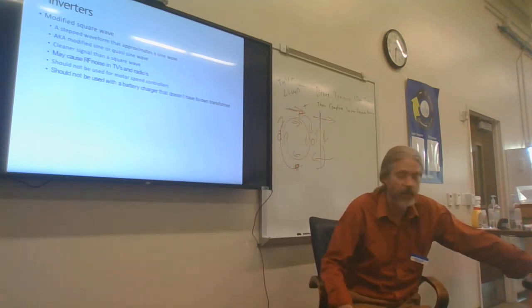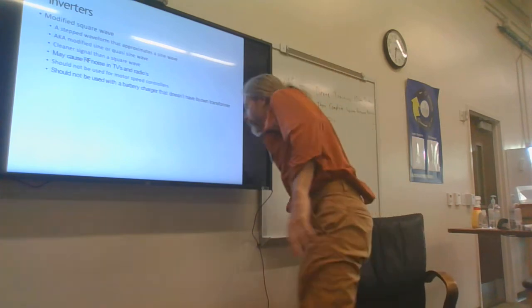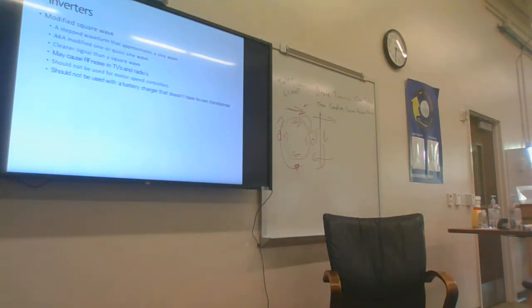All right. So modified square wave inverters, it is a stepped waveform that approximates the sine wave. In other words, if I was going to do a stepped form to look as close to this as possible, I would actually do this. And we can keep going right on around there.